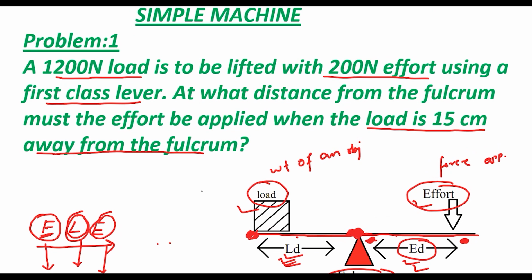In this problem, the load of 1200 Newton is to be lifted with 200 Newton effort using a first class lever. At what distance from the fulcrum must the effort be applied when the load is 15 centimeter away from the fulcrum? This means the load distance is given. We have to find the effort distance.